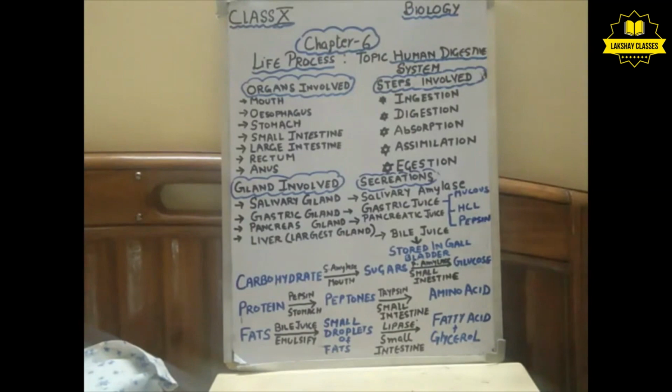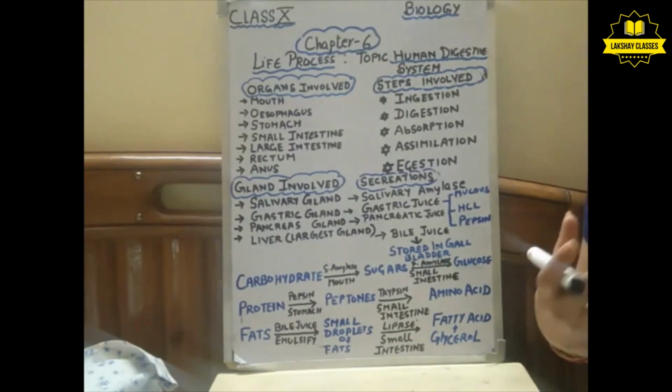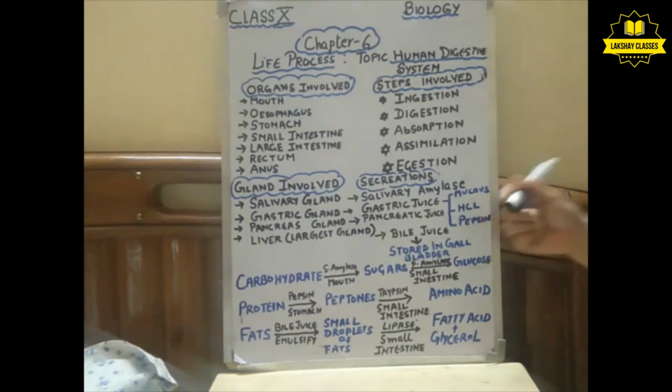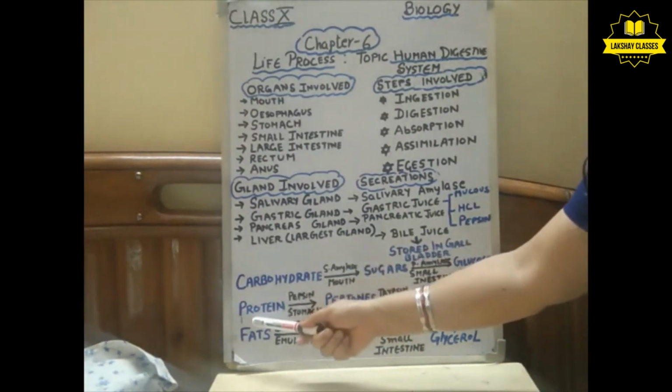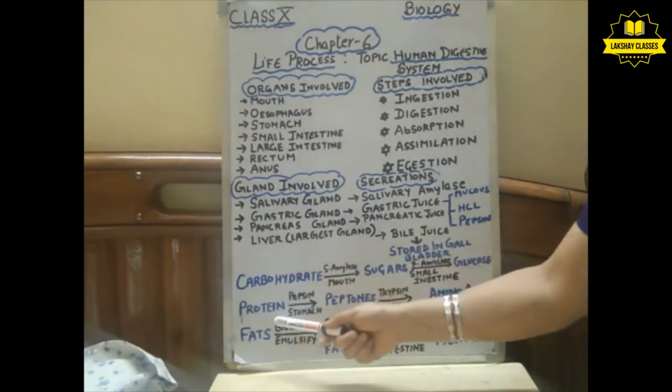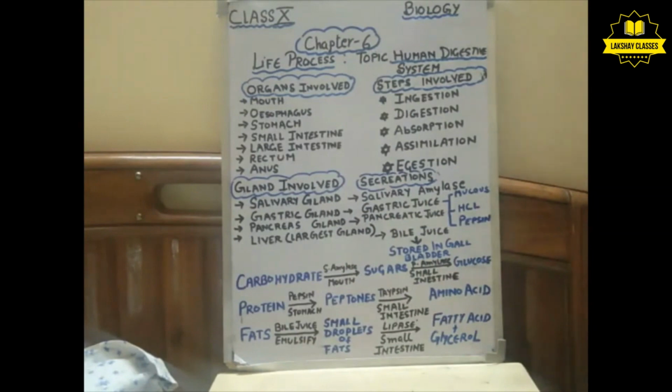Now, the function of HCl: when we eat food, there are many microorganisms also, which might enter into the food when we are eating it. To kill those microorganisms, HCl is secreted. The second function of HCl is that the pepsin enzyme needs an acidic medium to work. So the pepsin in the stomach will work on the protein part of the food.